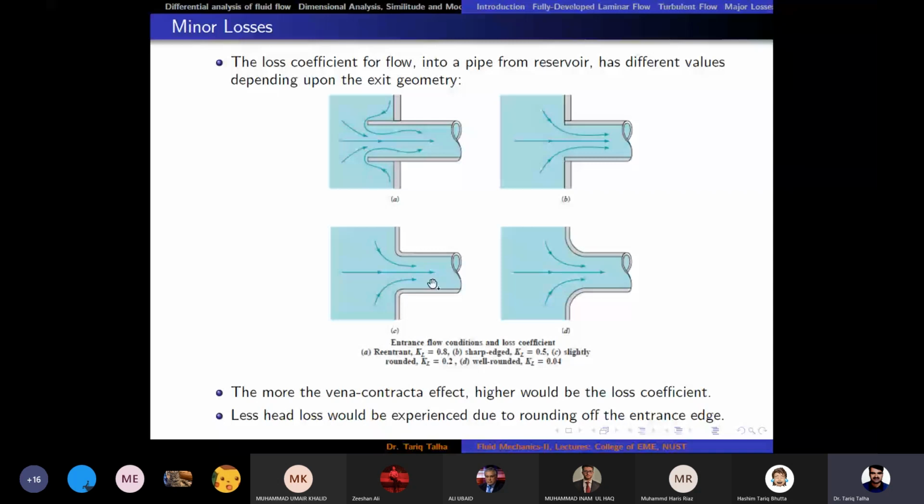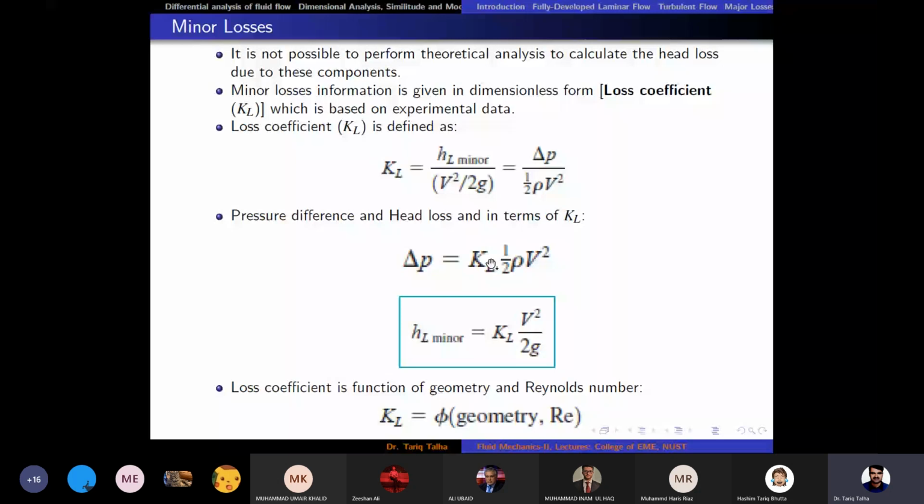One thing you need to be very clear about is what this 0.8 means. If you look here, KL is the ratio of HL minor divided by V square upon 2g. So the minor loss would be equal to 0.8 into V square upon 2g.